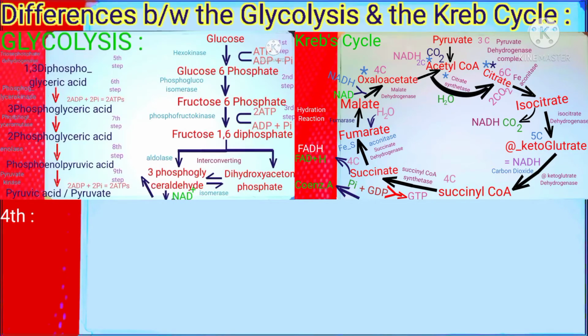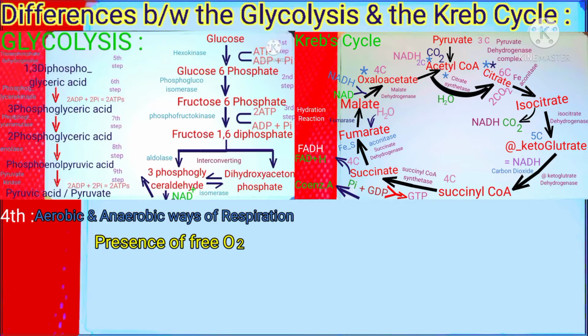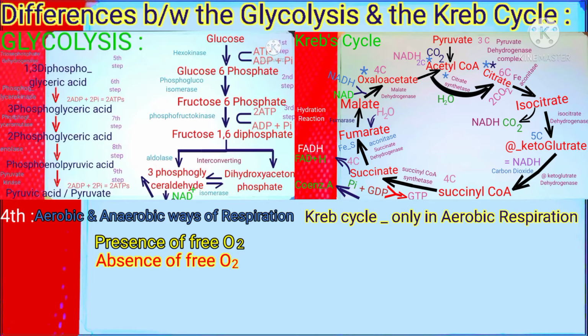The fourth difference is that the glycolysis process is common to both aerobic and anaerobic modes of respiration. In simple words, we can say that the glycolytic process is used in the presence of free oxygen and in the absence of free oxygen. On the other hand, the Krebs cycle happens only in aerobic respiration, meaning that it takes place only in the presence of free oxygen.